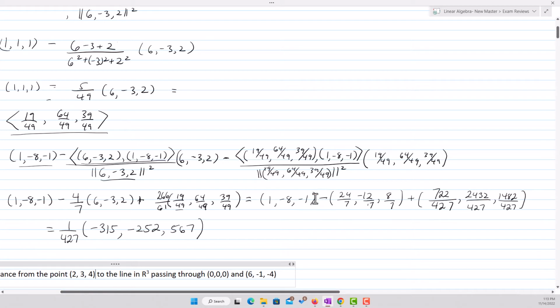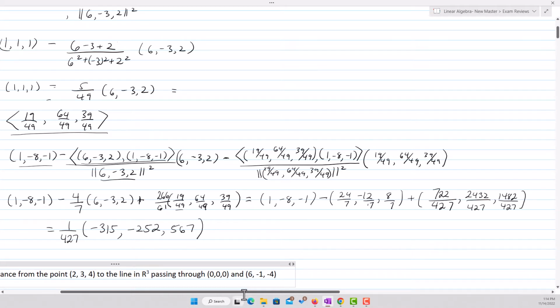Then we're going to get (1, -8, -1) minus (24/7, -12/7, 8/7), plus (722/427, 242/427, 1482/427). So that's going to end up giving us 1 over 427 times (-315, -252, 567).